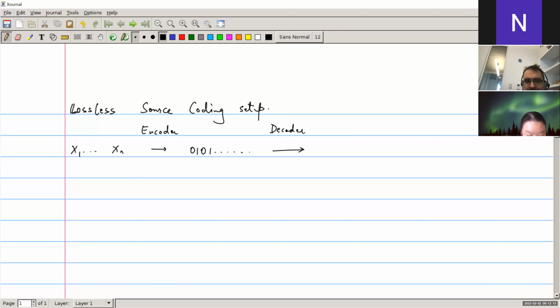So the decoder doesn't know this exact sequence x1 through xn, but it knows the statistics of the sequence x1 through xn, and it knows the way by which the encoder translates the individual observations of random variables to bits. Now, given this, in a lossless source coding setup, the goal is that the decoder can look at the sequence of bits and get back the original random variables.